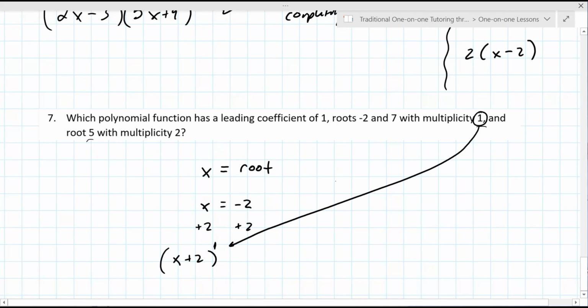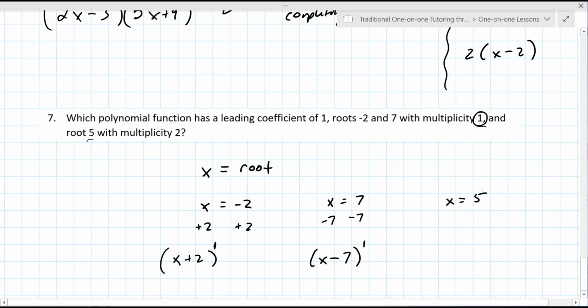Your next root is x equals 7. It's positive, so you subtract 7, x minus 7, multiplicity of 1. X equals 5, subtract 5, x minus 5, but this time with a multiplicity of 2. So there's a squared like that.